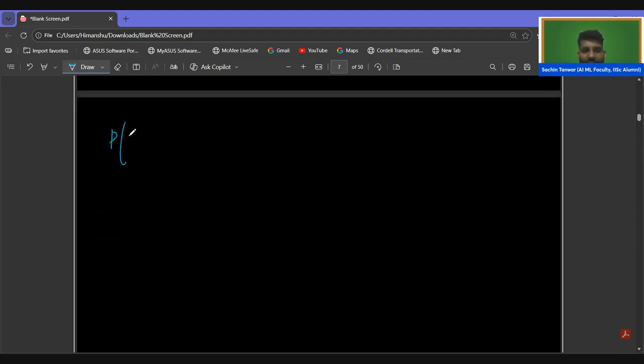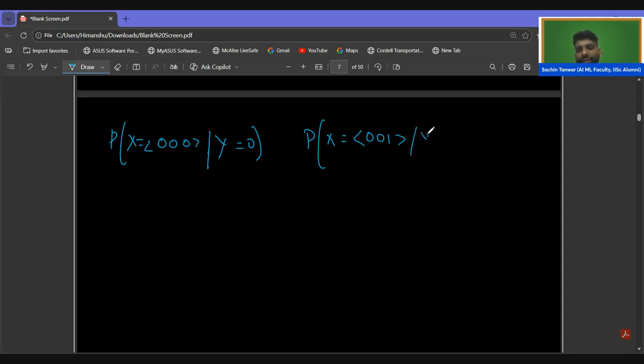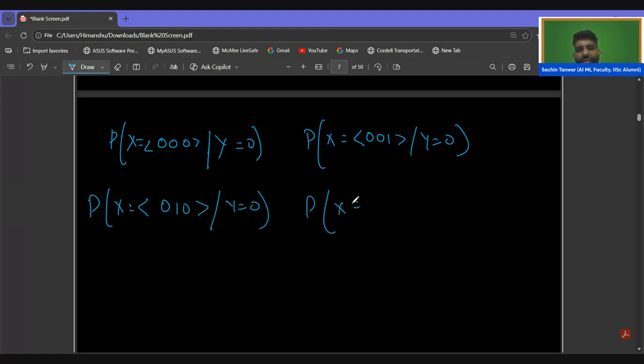So what is the probability of x equal to 0 0 0 given y equals 0, what is the probability of x equal to 0 0 1 given y equal to 0, what is the probability of x equal to 0 1 0 given y equal to 0, what is the probability of x equal to 0 1 1, and so on? So there are 8 combinations. I would be needing a total of 8 probability values for one category.